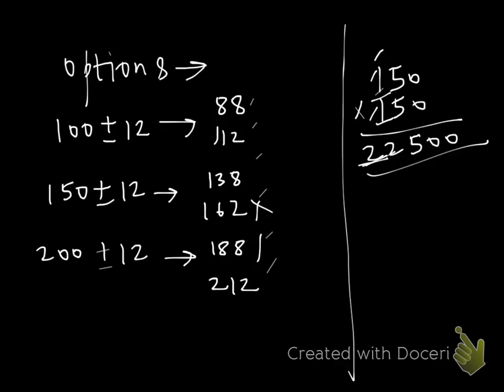So we can discard these options straight away. These are numbers more than 150. And 88 of course is rejected again, because 88 is a 2-digit number. Our answer is a 3-digit thing. So we're left with 2 options: either our answer is 112 or 138. How do we choose from these 2 numbers? Okay, we can reject 112 as well.